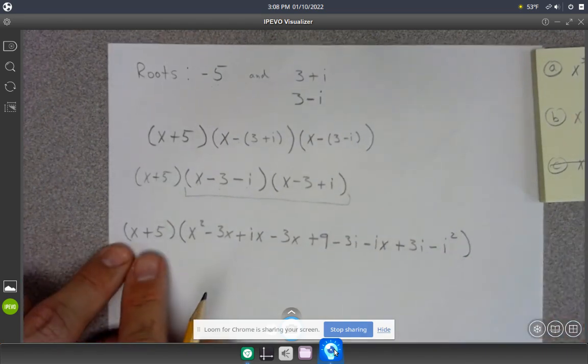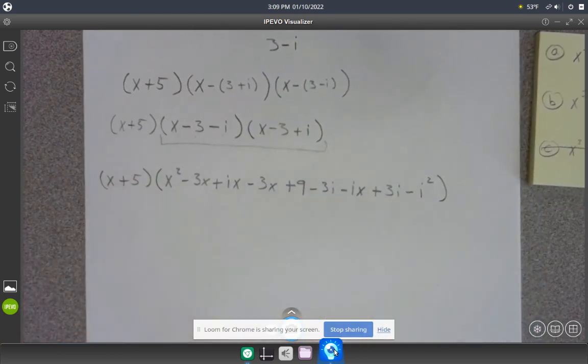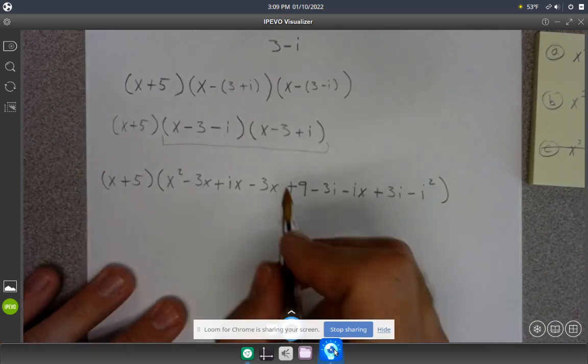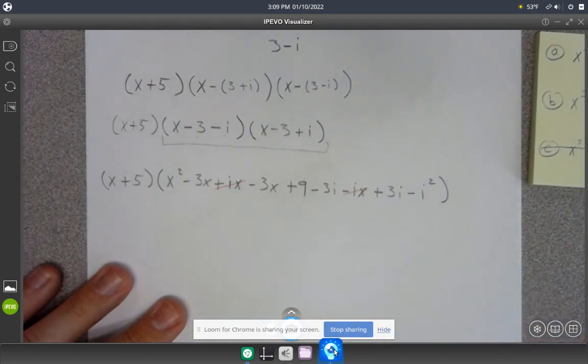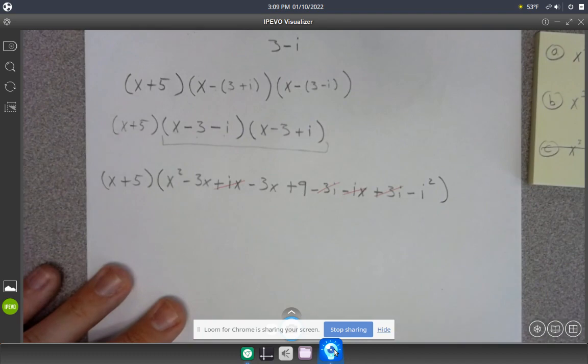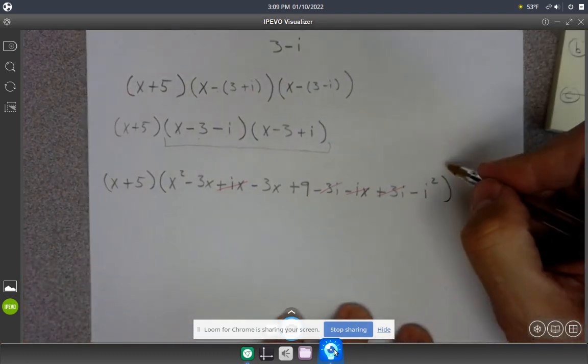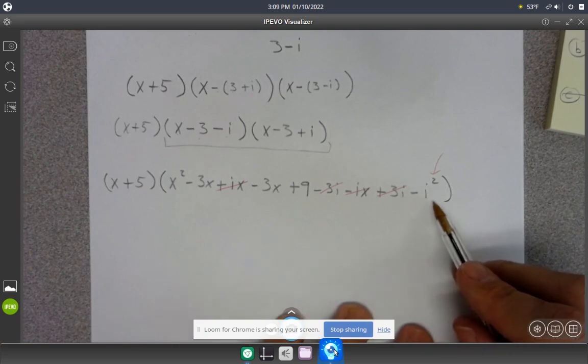So before I distribute this x plus 5, I'm going to clean up all this. There's going to be a lot of cancellation that happens. Like I said, all the imaginary stuff should go away. All right, positive ix cancels with negative ix. Negative 3i cancels with a positive 3i. And then this little bit right here, remember i squared is equal to negative 1. And so what you're doing is you are subtracting a negative 1.